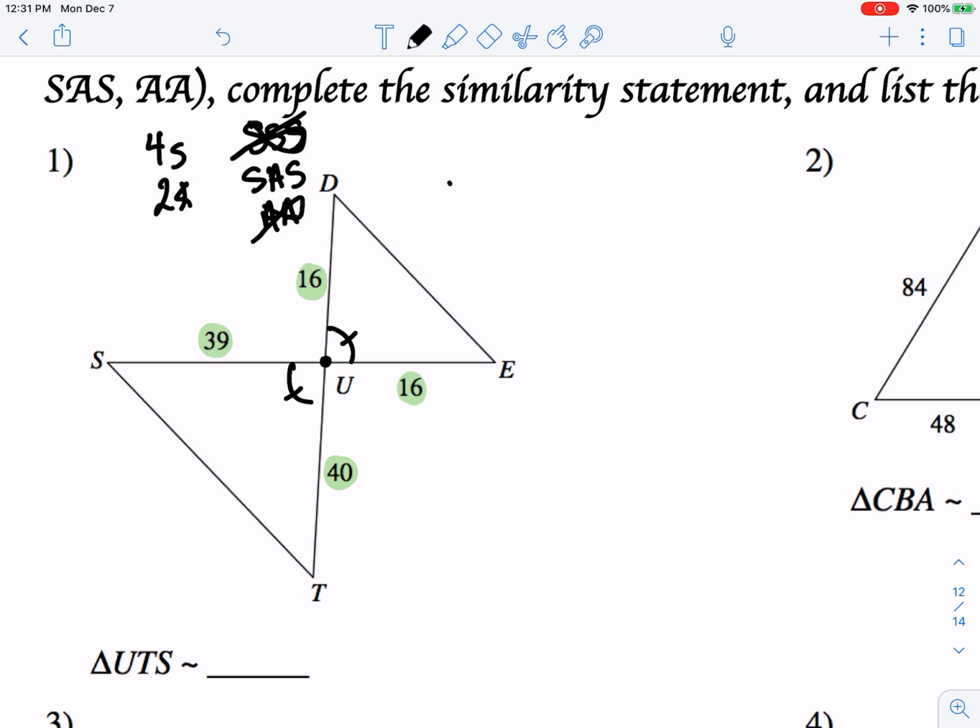Remember though, set up your ratios. So 40 to 16 is equal to, and then I get 39 to 16. Simplify if possible. 20 to 8, 10 to 4, divide by 2 again, which is 5 to 2. 39 over 16 is simplified, and these are not equal.